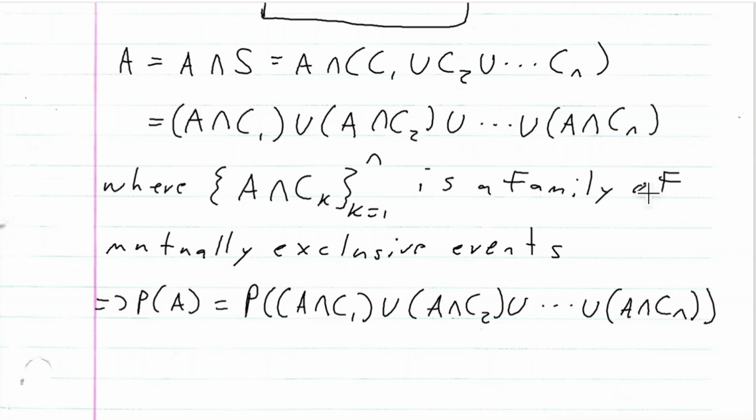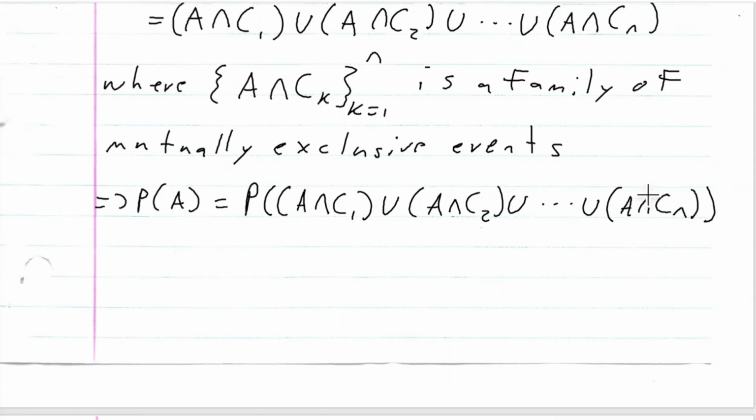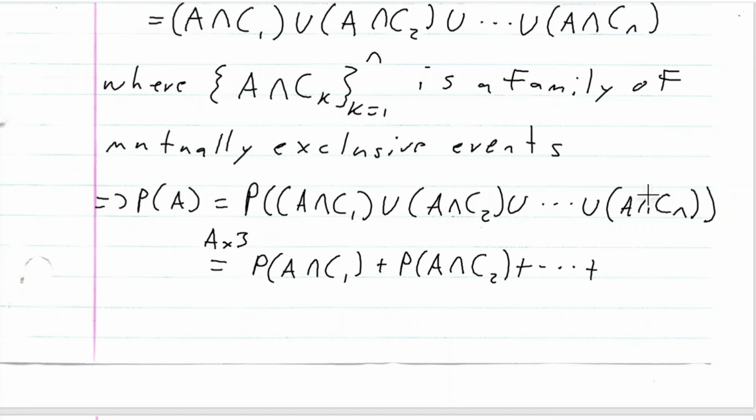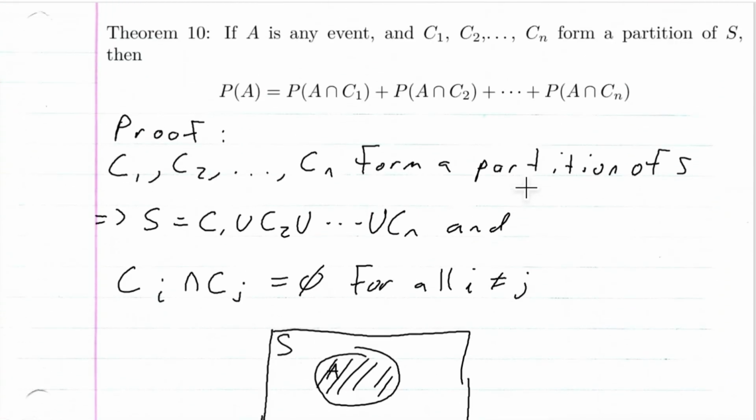And then, of course, since these are mutually exclusive events, this is equal to, by axiom 3, the probability of A intersection C sub 1 plus the probability of A intersection C sub 2 plus dot dot dot plus the probability of A intersection C sub n. And that is exactly what we wanted to show.